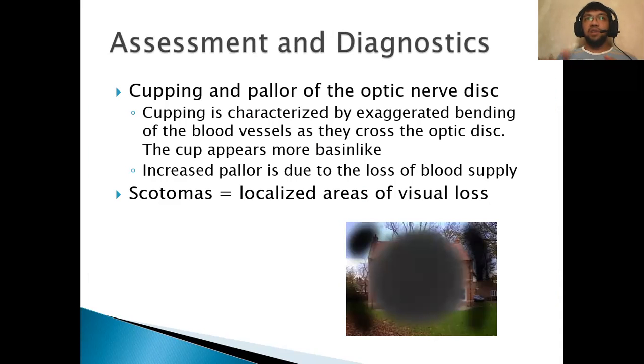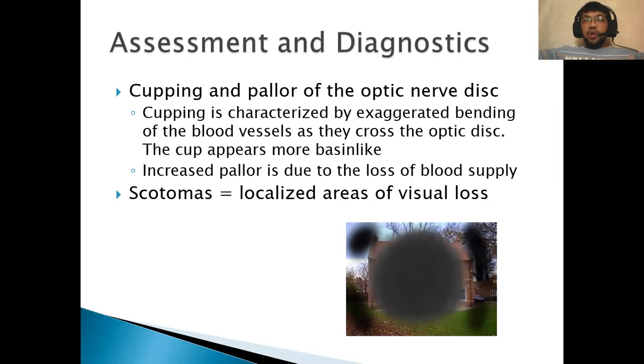Now, other signs and symptoms: the first thing that is going to disappear from the patient's field of vision would be the peripheral vision. That's why they can only see people or objects in their midline. That's known as tunnel vision.